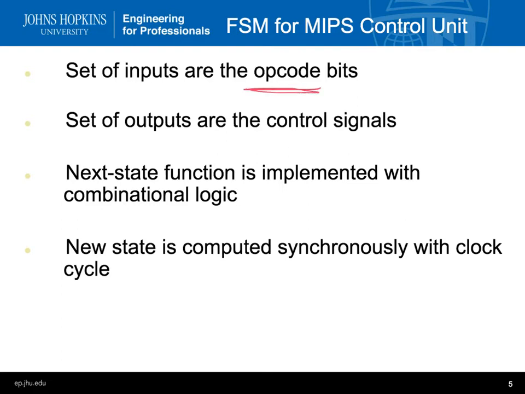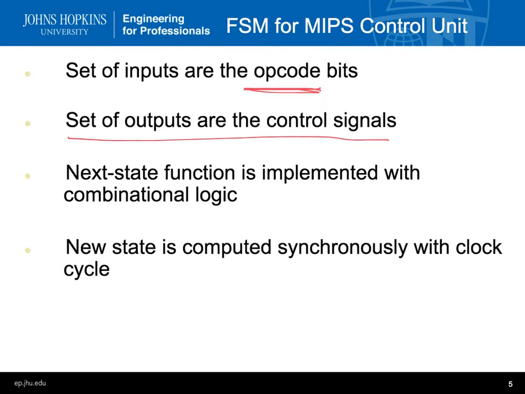So the opcode says, what kind of instruction is this? That's how you're going to get your control unit values. And the outputs are going to be the control signals again. So it's telling the ALU where to get its input from. It's telling the program counter where to get the next instruction from.